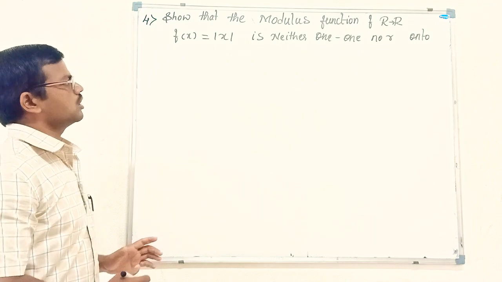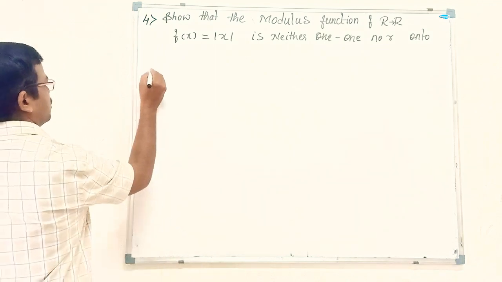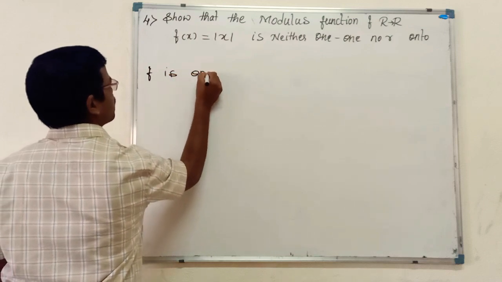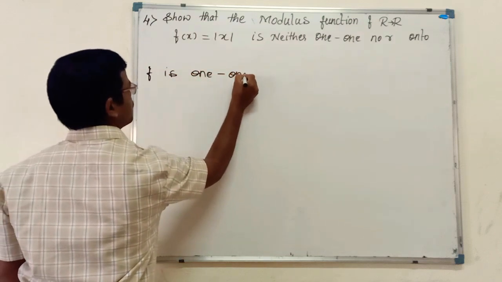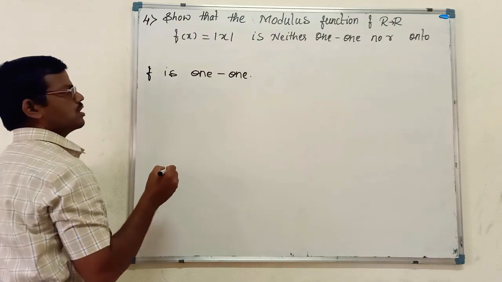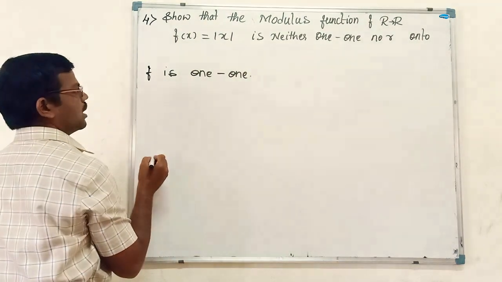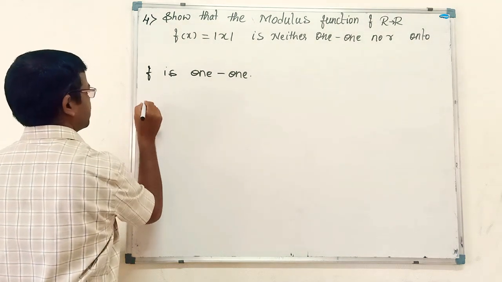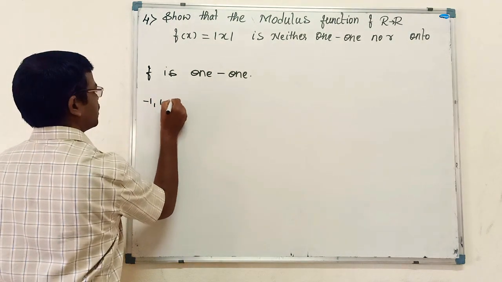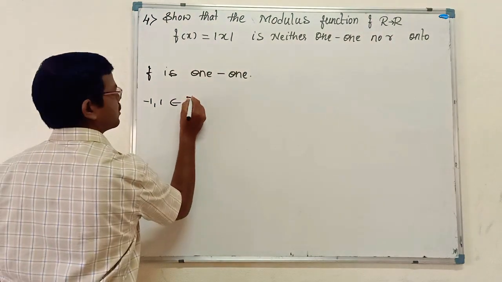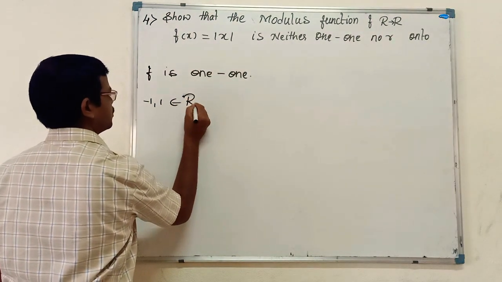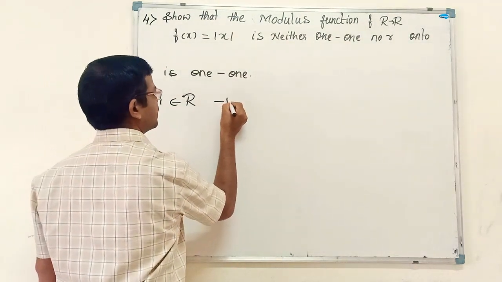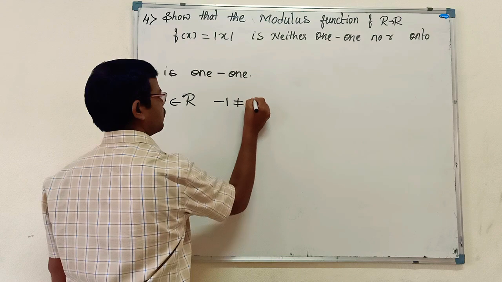Let me come to the 1-1 function first. For f to be 1-1, firstly we have to check. Let me consider two elements, -1 and 1, belonging to the real numbers. These two are different. -1 is different from 1.